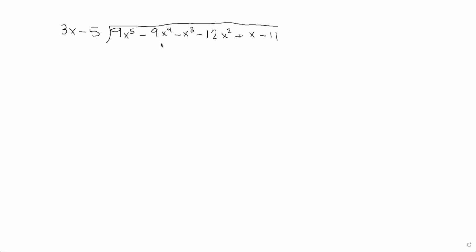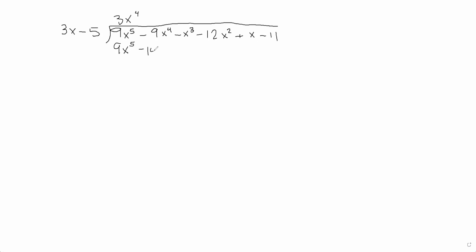So we're going to start just like we've started all the rest of them. We're going to figure out how many times this first part of our divisor goes into this first part of our dividend. So 3x can go into 9x to the 5th, 3x to the 4th times. So we're going to multiply like before.